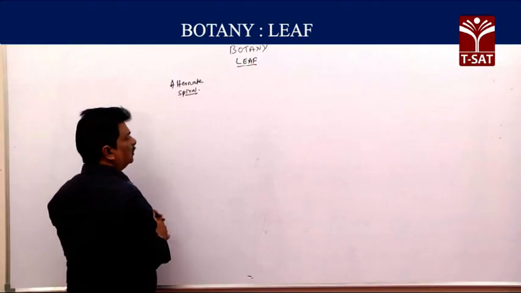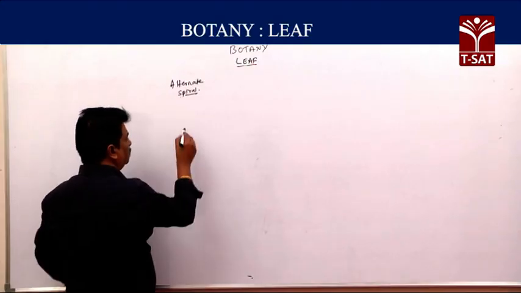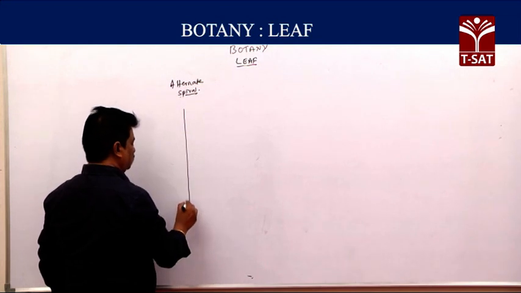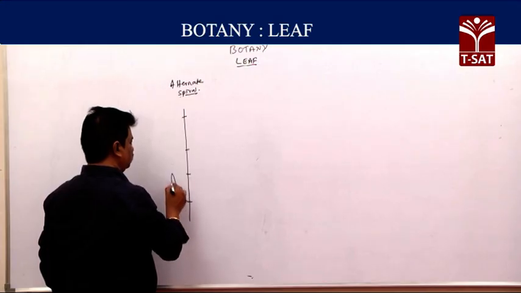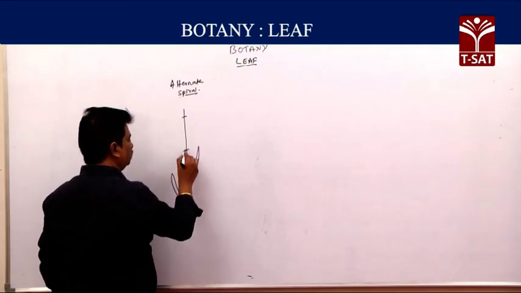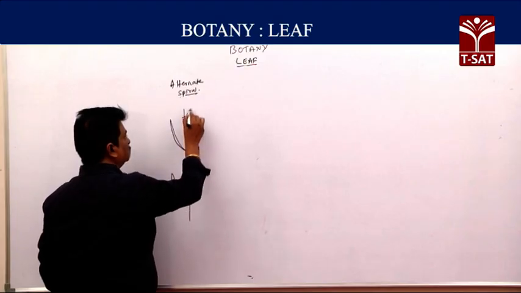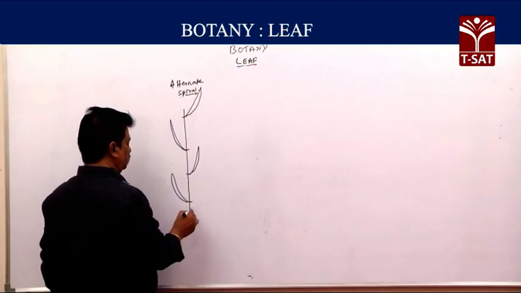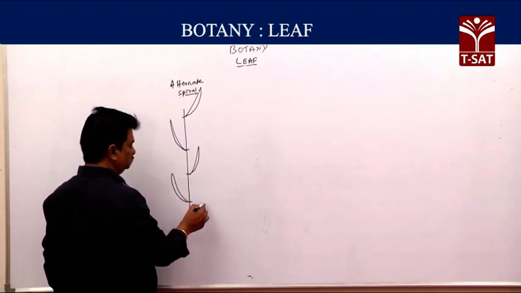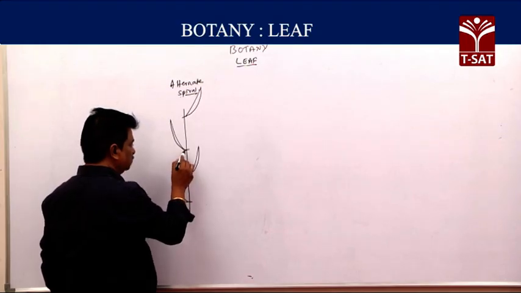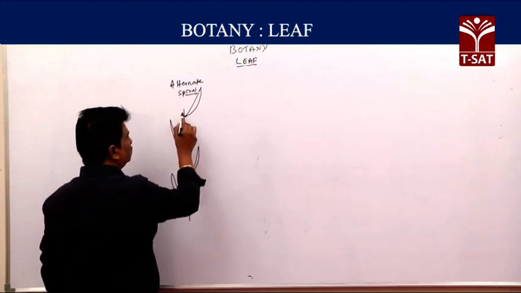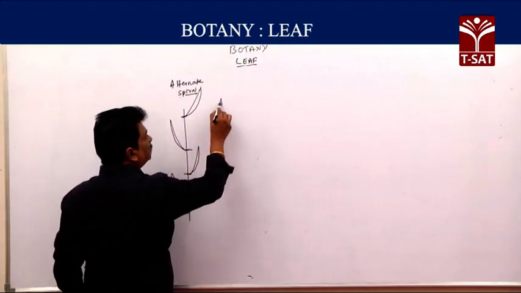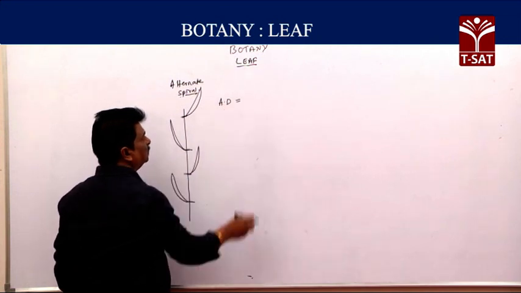In alternate phyllotaxy, at each node, one leaf is present, and all these leaves are alternate to each other. The leaves present at two successive nodes are separated by a definite angle.